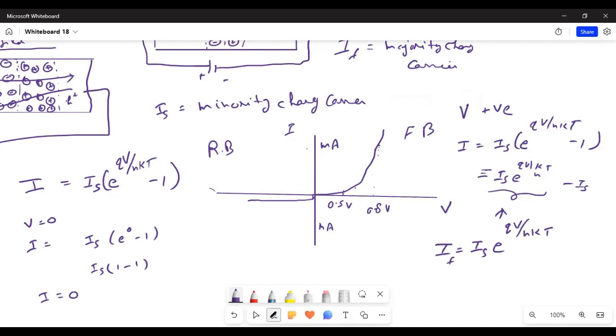If you draw a line at an angle, we say this is 0.7. This is typically called the built-in potential value of the diode, the value of potential beyond which it starts to flow current in a large amount.